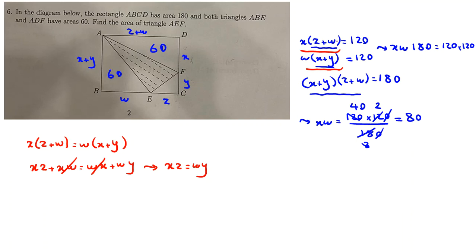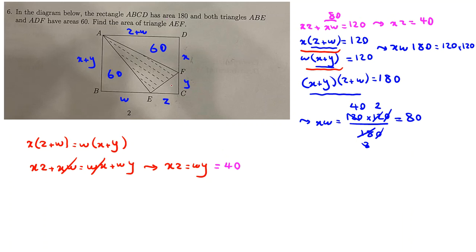Okay, here we can say xz plus xw equals 120. We know xw equals 80. So we conclude xz equals 120 minus 80, 40. So it will be 40.